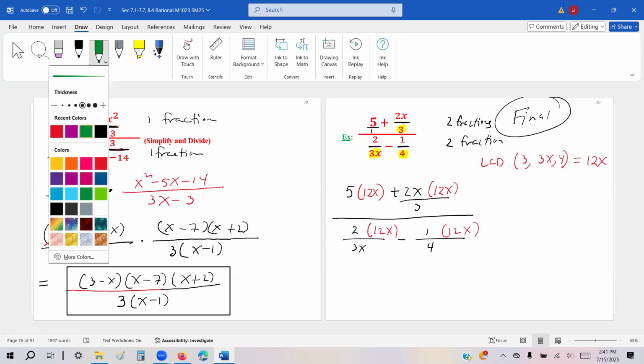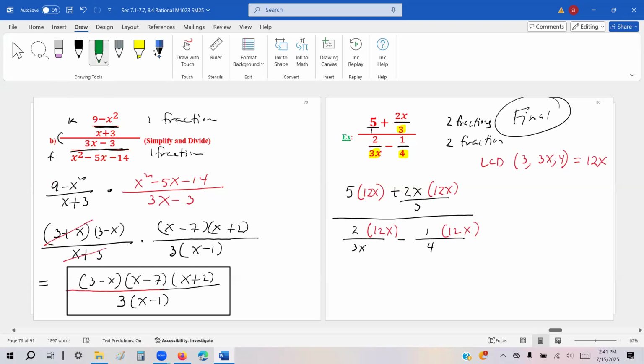So look what happens. 5 doesn't have any denominator. So we have 5 and 12, 60x. Now here's the second piece of the numerator. We have 12x and we have 3. We cancel the 12 by 3. We get 4x.